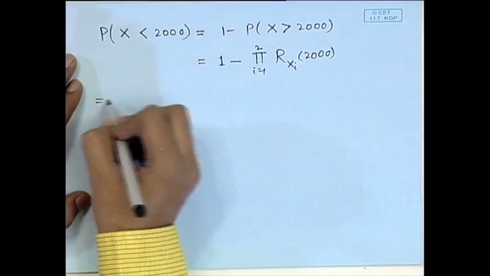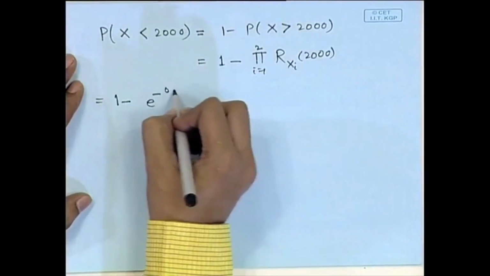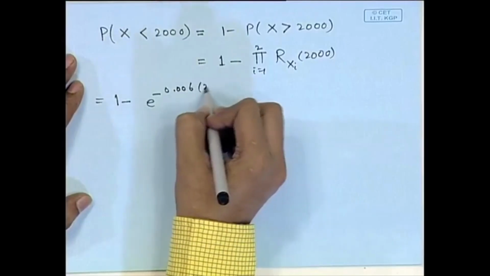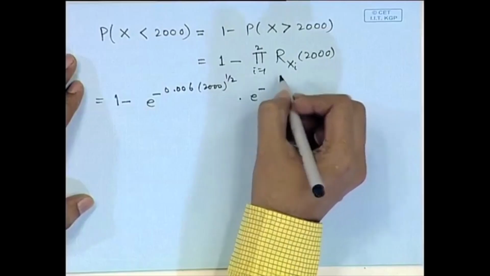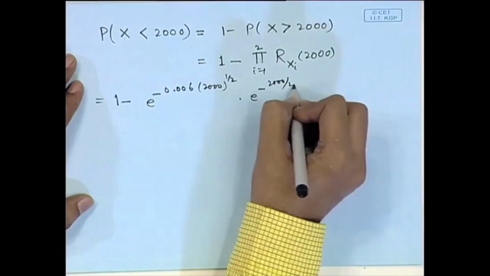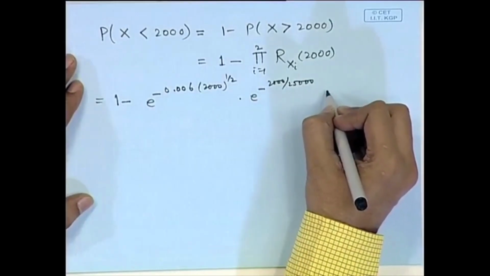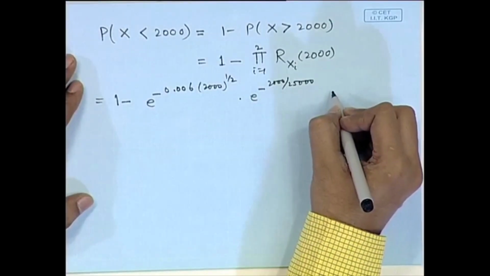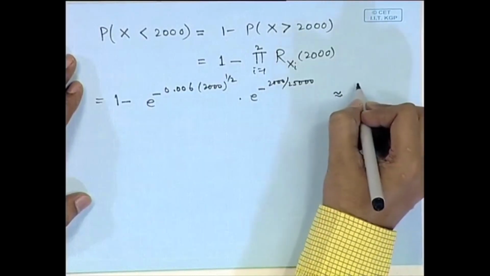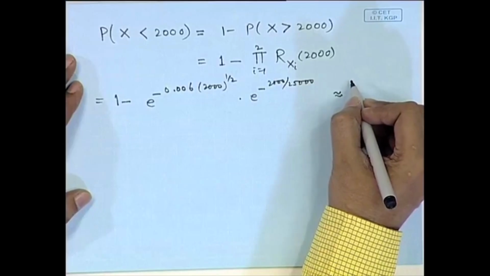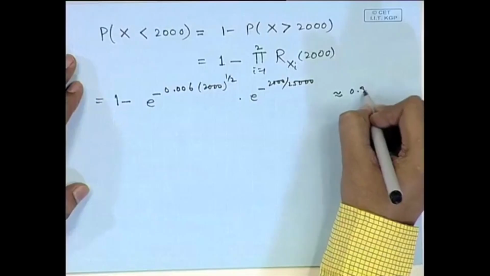Substituting the values, 1 minus e to the power minus 0.006 times 2000 to the power half, times e to the power minus 2000 divided by 25,000. After some simplification, this value is approximately 0.98.